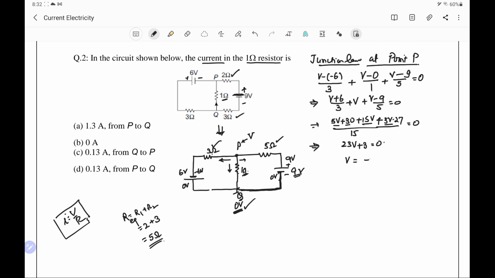It means V equals minus 3 by 23 volt. This is the voltage at the point P.